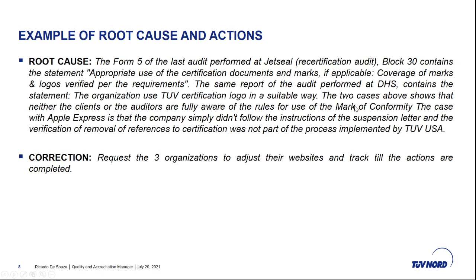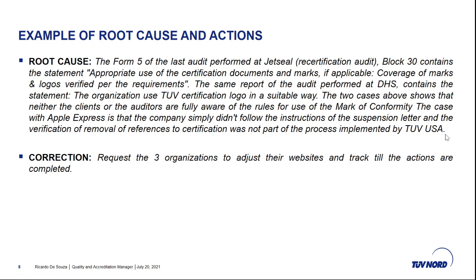So what I say is that the two cases above show that neither the clients nor the auditors are fully aware of the rules for the use of the mark of conformity. And then there was the case with Apple Express, which was the third example that the auditor gave in his objective evidence, is that the company simply didn't follow the instructions of the suspension letter, and the verification of removal of references to certification was not part of the process implemented by TUV USA.